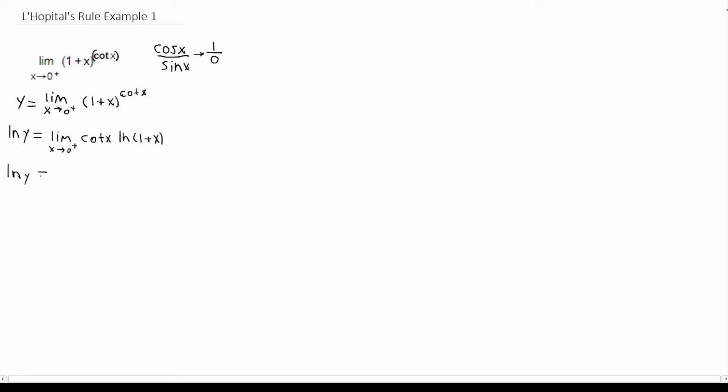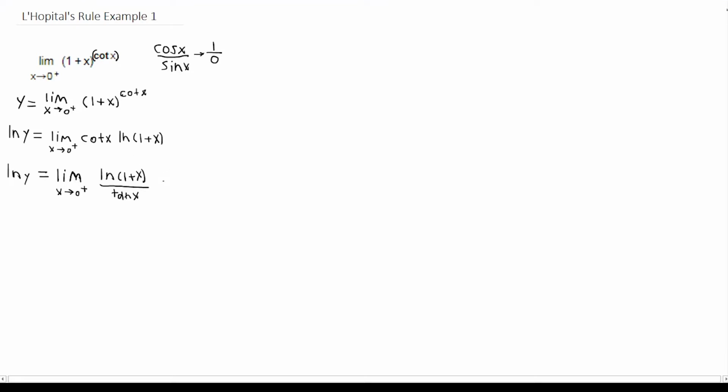If we rewrite this, the limit as x approaches 0 from the right of the ln of (1 plus x), all over, and 1 over cotangent is the same as tangent, tan x.